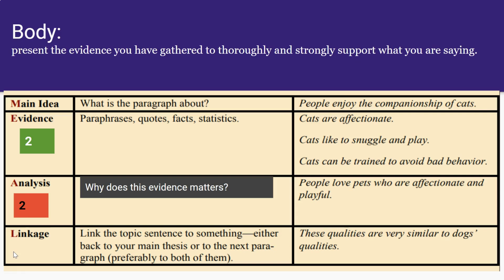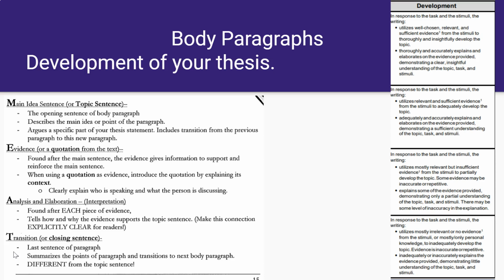And then your last sentence will be the sentence that's going to link your topic sentence to something else. You're either going to link it back to your thesis statement, or you're going to link it to your next paragraph. You will start it off with a transitional statement, a transitional phrase.